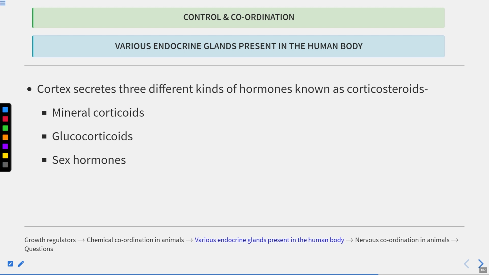The cortex region of the adrenal gland secretes three different kinds of hormones known as corticosteroids. I've already told you these are steroids.